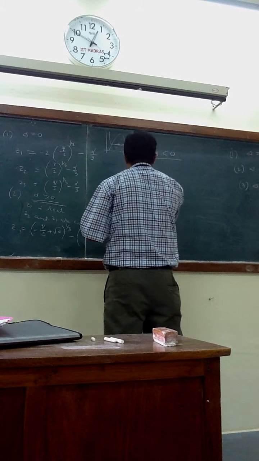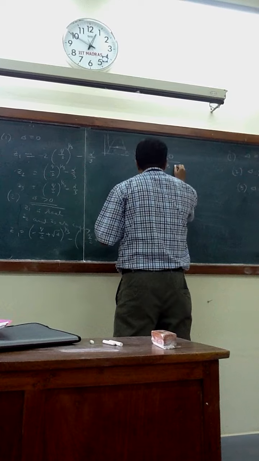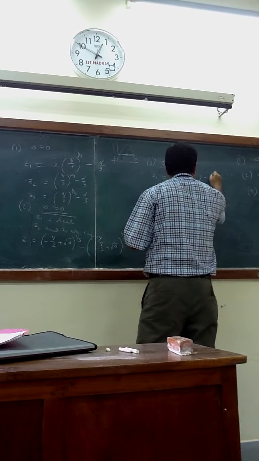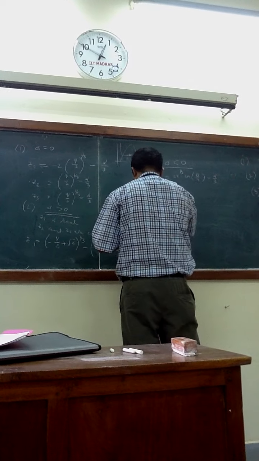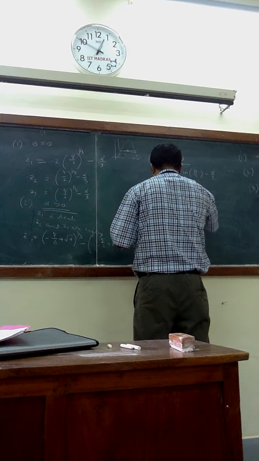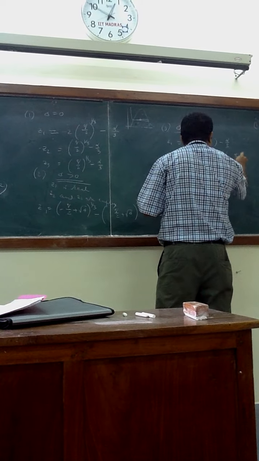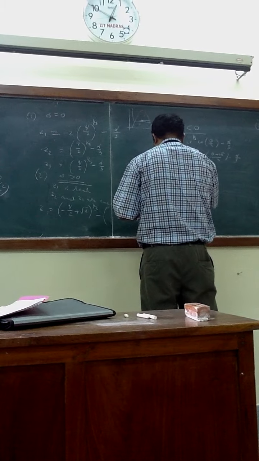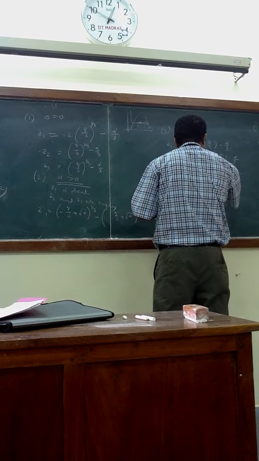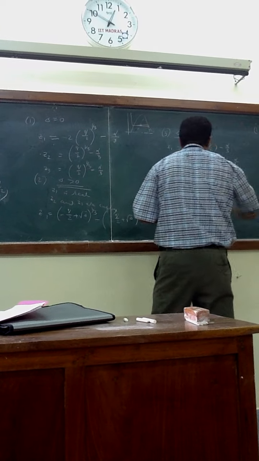So Z1 equals 2 r to the power 1/3 cos theta by 3 minus alpha by 3. Z2 is 2 r to the power 1/3 cos of (theta plus 2 pi) by 3 minus alpha by 3. Z3 is 2 r to the power 1/3 cos of (theta plus 4 pi) by 3 minus alpha by 3.